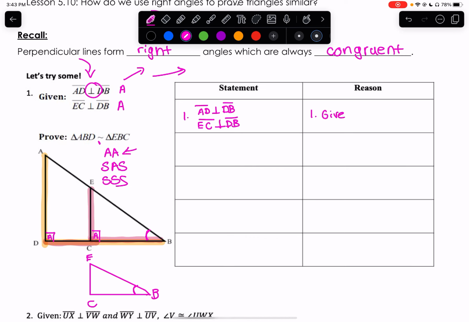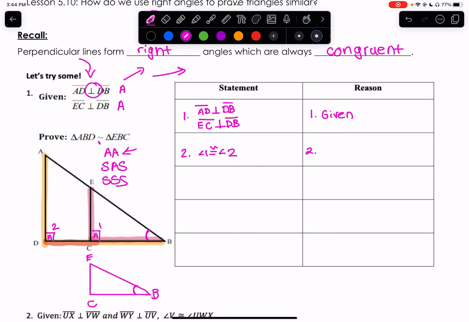So when it comes to congruent right angles, there's a couple ways that you could write out this statement. If you want to go right in to state that angle 1 is congruent to angle 2, your reason needs to include a couple of things.